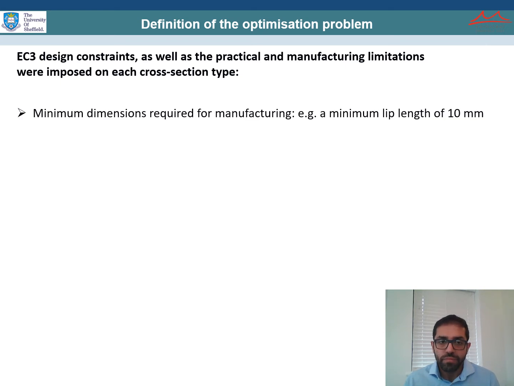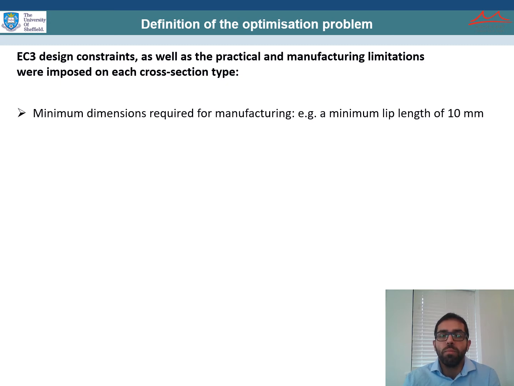Eurocode 3 design constraints, as well as the practical and manufacturing limitations, were imposed on each cross-section type. For example, minimum dimensions required for manufacturing were applied.